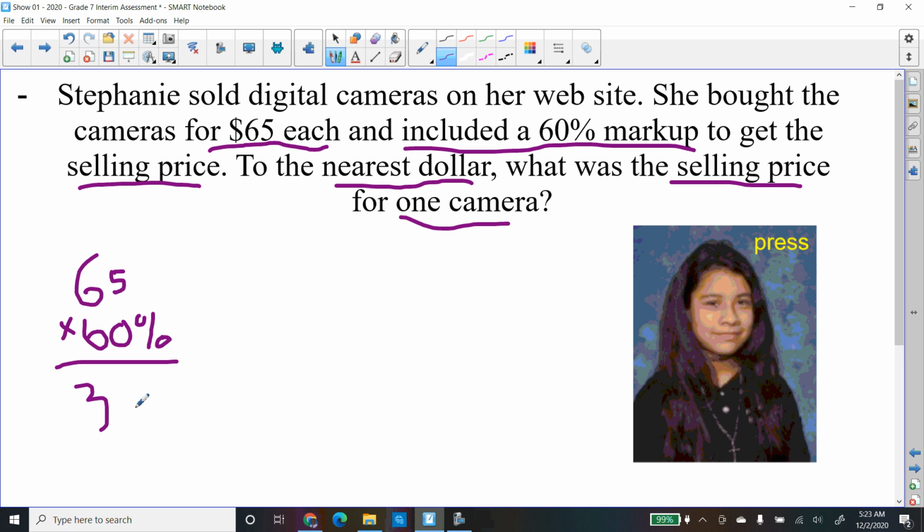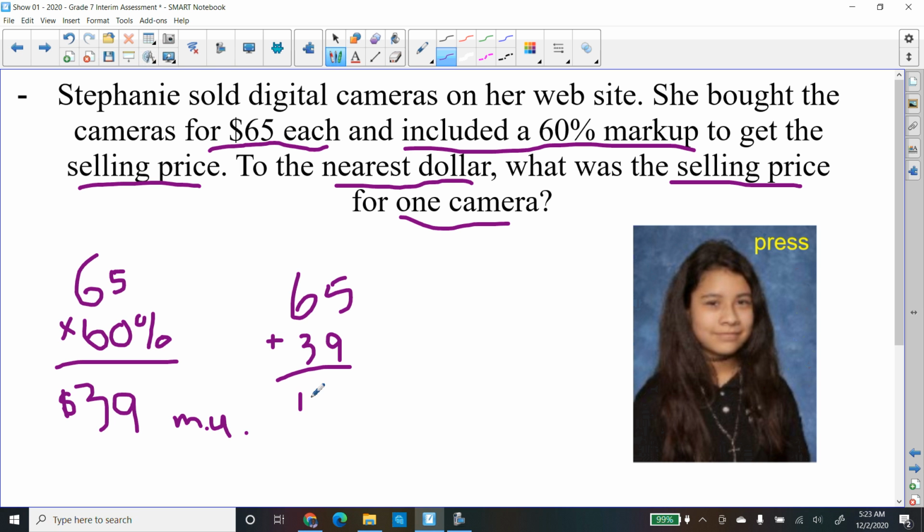So $39 is the markup. MU for markup. So that's the additional amount she's charging on the cameras. Well, if the cameras cost $65 and she's marking it up by $39, so she's adding on to the price, which is now going to be her new selling price.